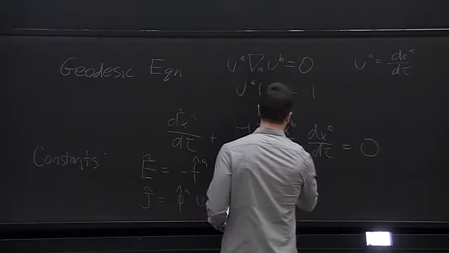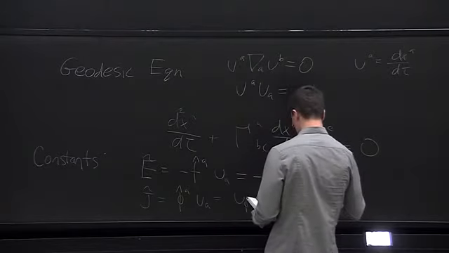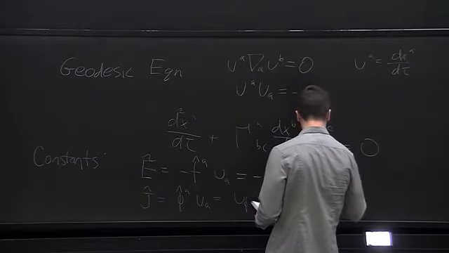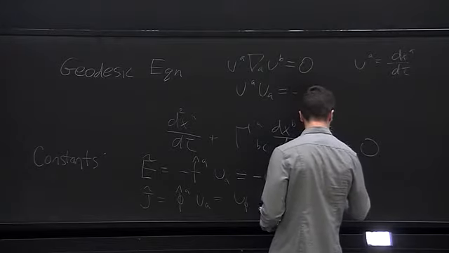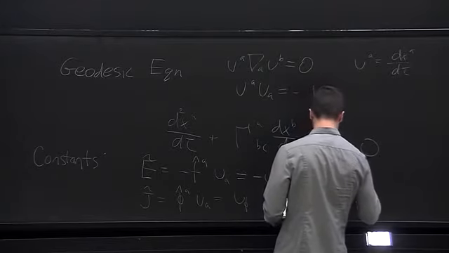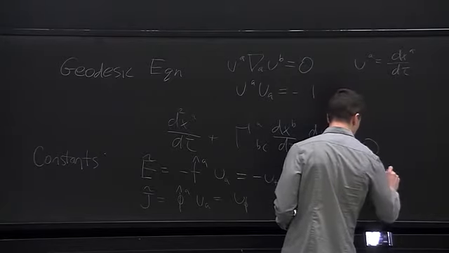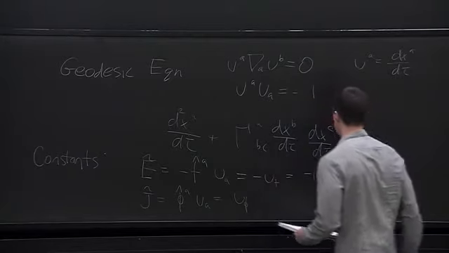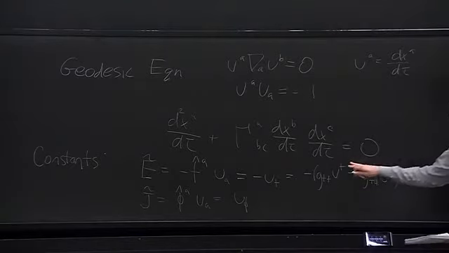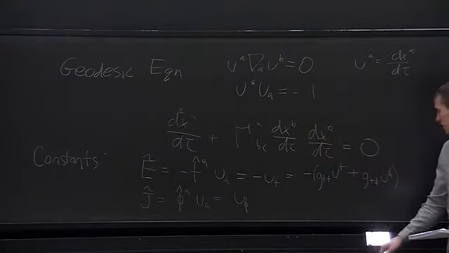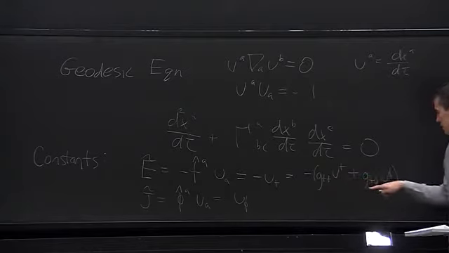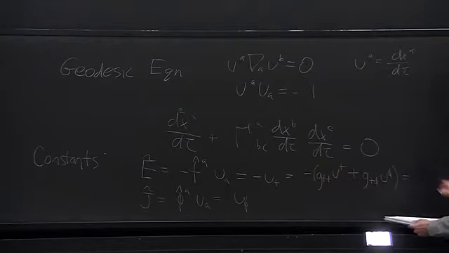So we can expand this out. If I want to raise the index back up, there's only the tt and the t phi component, and then writing this out.